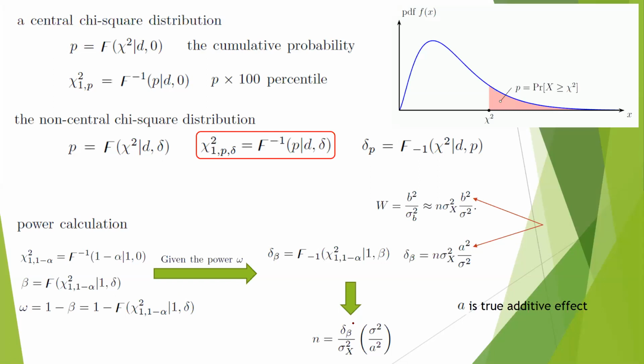So here we're talking about three things: the power, the sample size, and the heritability. In this slide, when we talk about the relationship between power and the sample size, we fix the heritability. We talk about the same trait. So heritability is not relevant on this slide.